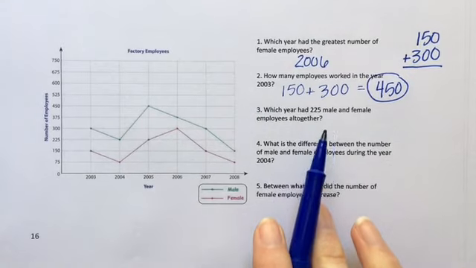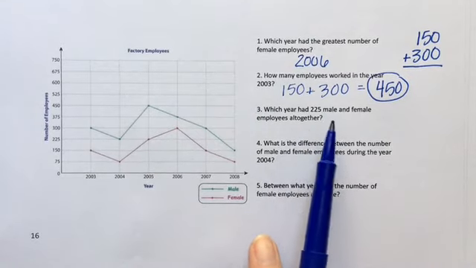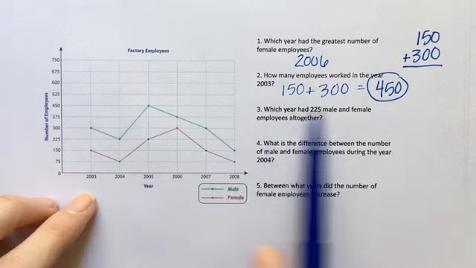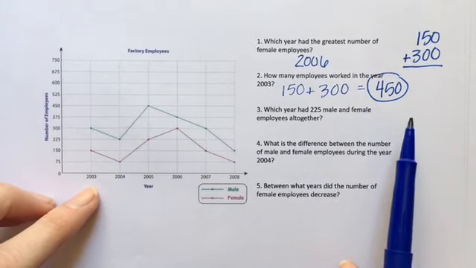All right, number 3, which year had 225 male and female employees altogether? This one's a little bit different. Which year had 225 male and female employees all together? Well, we know in 2003, we just did that. There were 450, right? So it wasn't that year.